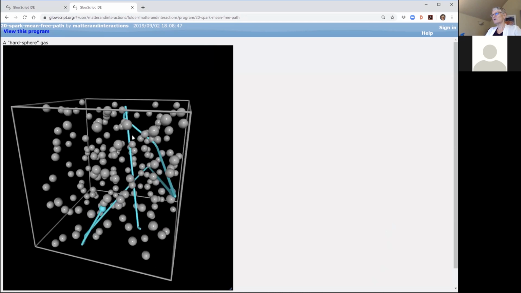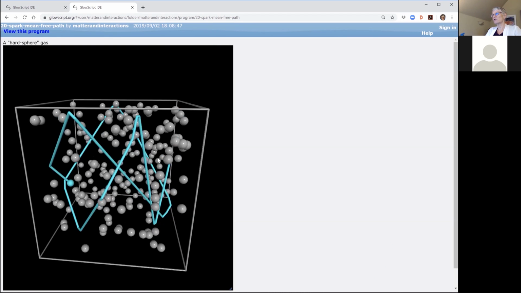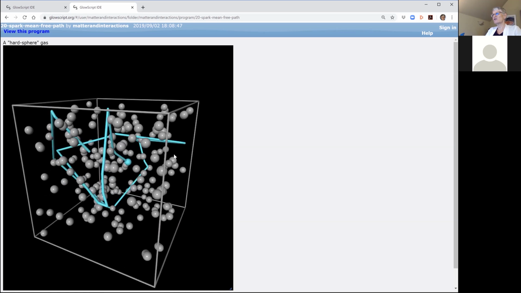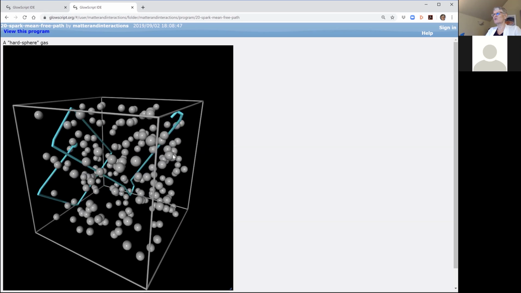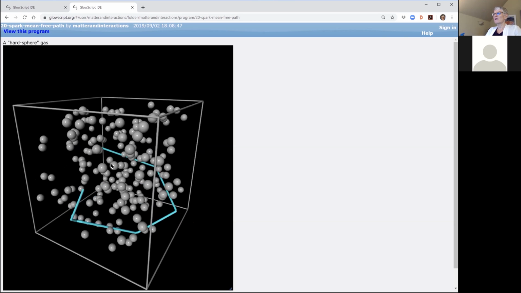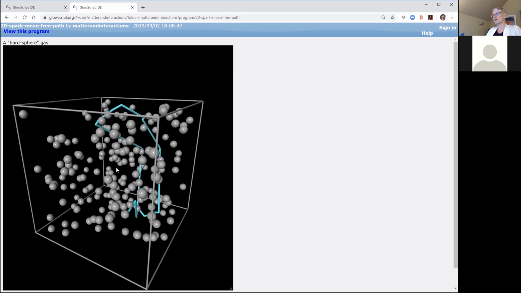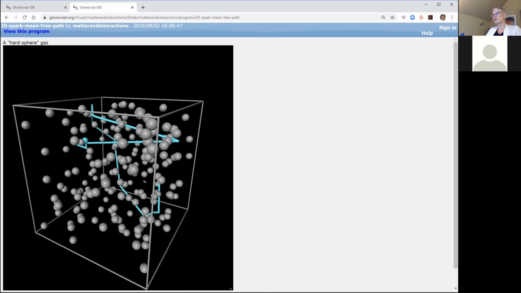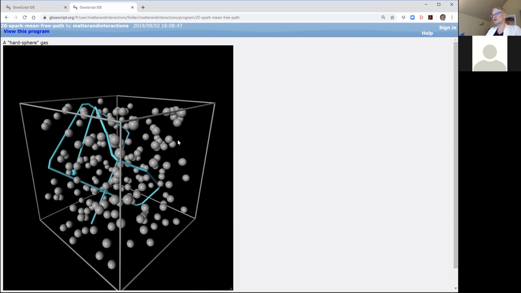And you can see the question is, can it get from one wall to the other without changing direction? Because if it changes direction in the middle, that means it collided with another particle. And you can see that much of the time, it doesn't make it all the way from one wall of the container to the other without a change in direction.